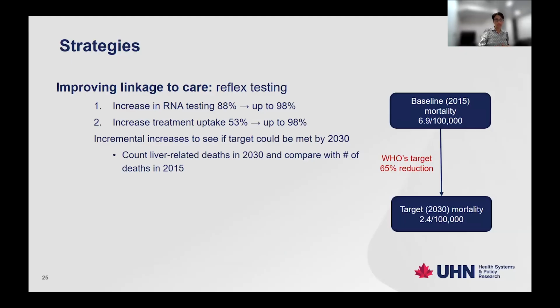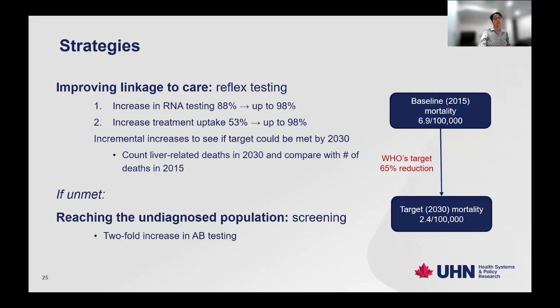We did this incrementally, step by step, to see if the target could be reached, and if so, what level of scale-up would be necessary. If not, we added a third strategy, reaching the undiagnosed population by doubling the antibody testing rate. And finally, if goals still weren't met, we extended the time horizon, asking if not by 2030, then when would the target actually be achieved?